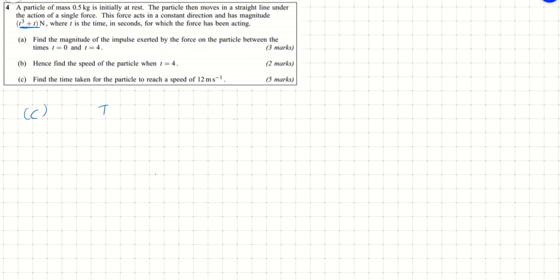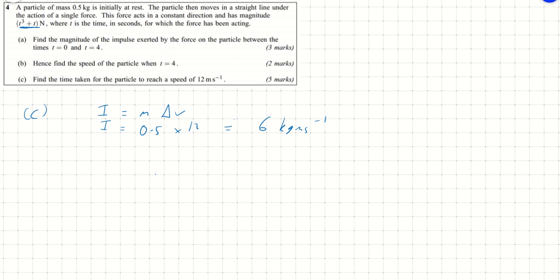So remember, impulse is mass times change in velocity. So the impulse in part C is mass 0.5 times the change in velocity. If we start at 0 and end at 12, the change in velocity is 12. So the impulse in part C is 6 kilogram meters per second.